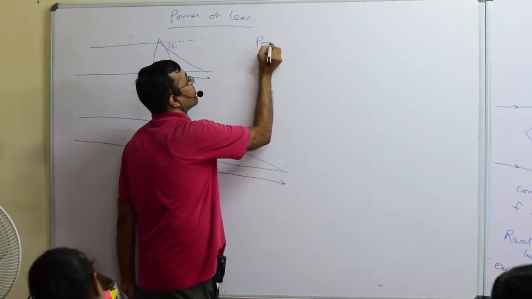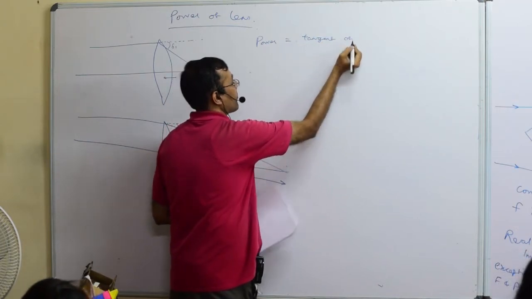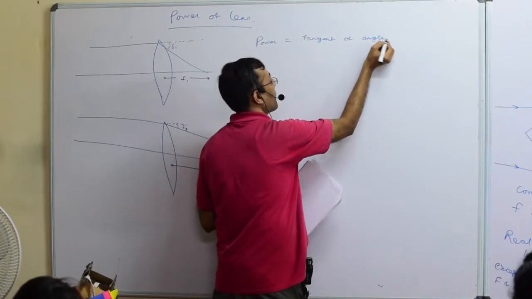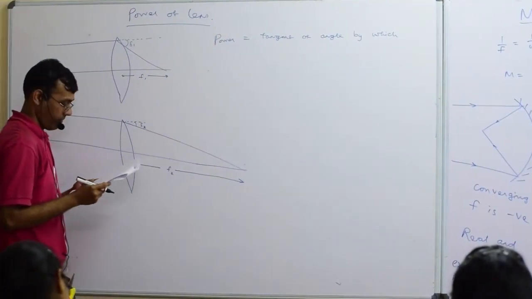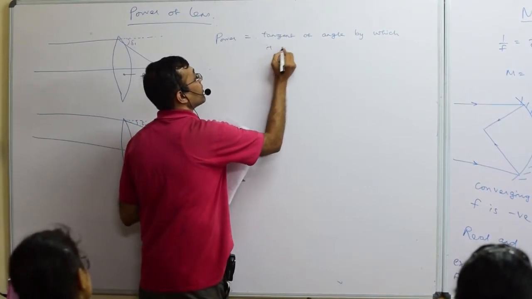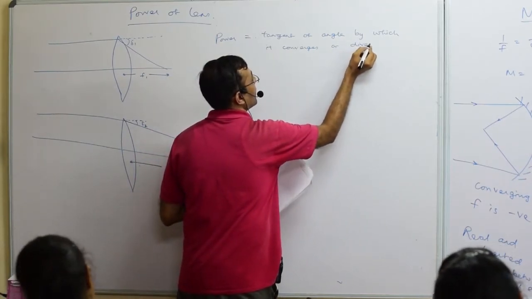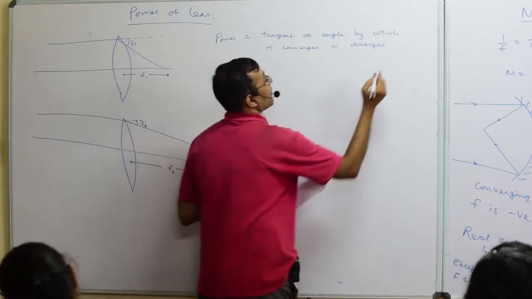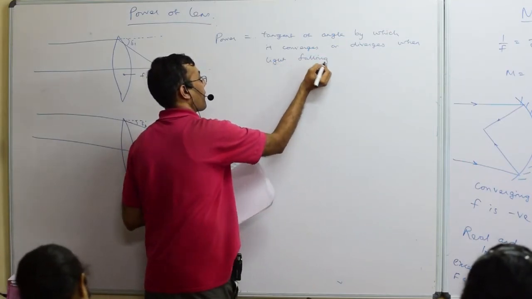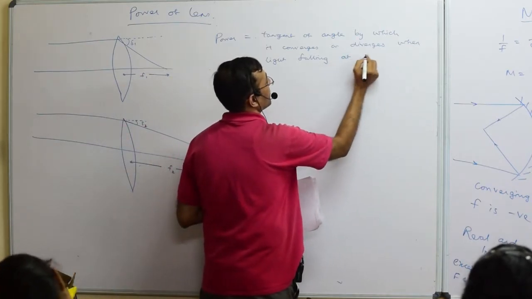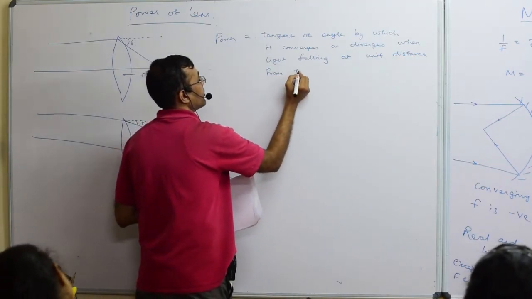So power is defined as, power is tangent of angle by which it converges or diverges when light falling at unit distance from the optic center.